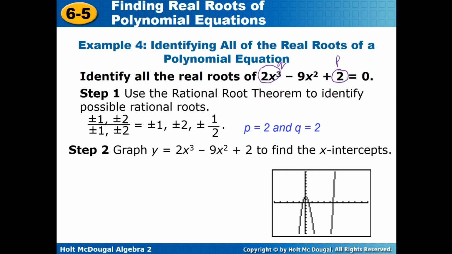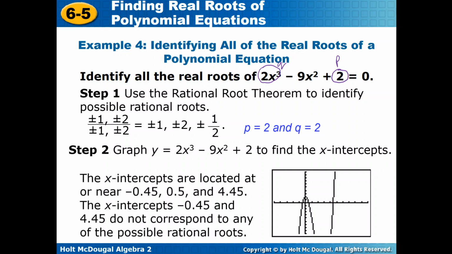The x-intercepts are located near negative 0.45, which is this one, and 0.5, which is right here, and 4.45. The x-intercepts negative 0.45 and 4.45 do not correspond to any of these choices up here, but we do see that 0.5, 1/2, is actually here, plus 1/2.